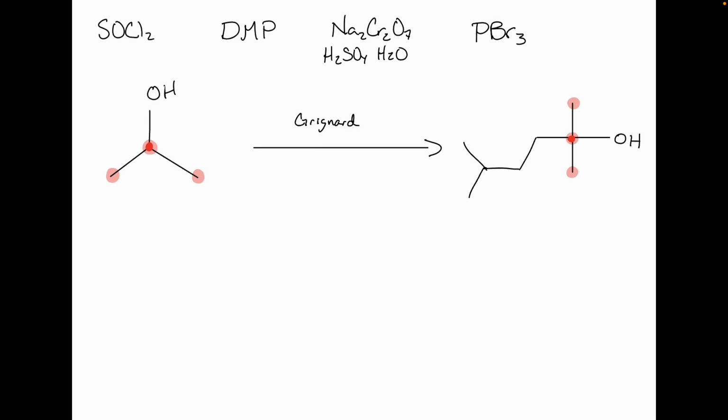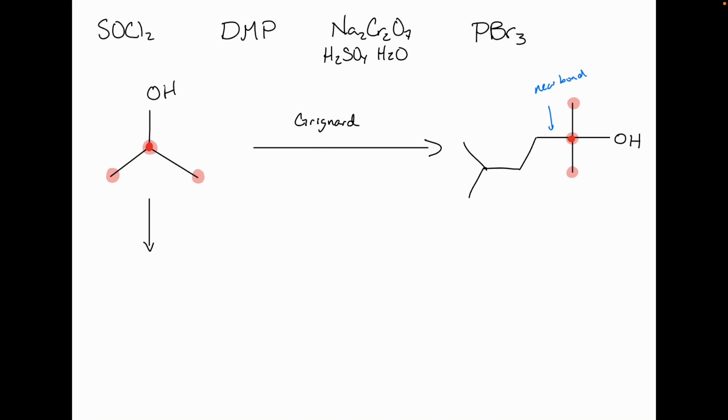So that means my new bond has to be this thing here. Now I can go about setting up my Grignard reaction, but again, alcohol groups will not react with Grignard reagents, so I have to perform an oxidation reaction. Which one of my reagents am I going to use?